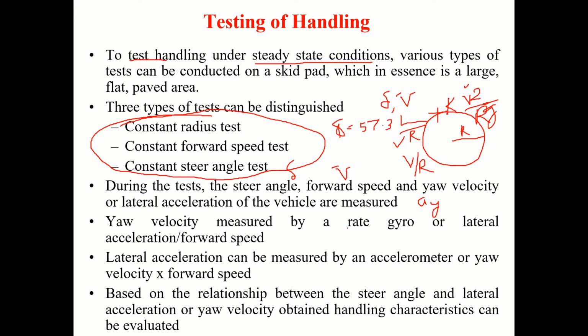Yaw velocity we can measure using a rate gyro. If not, lateral acceleration or forward speed, that we can do. Lateral acceleration can be measured by an accelerometer or from the other equation, yaw velocity into forward speed.